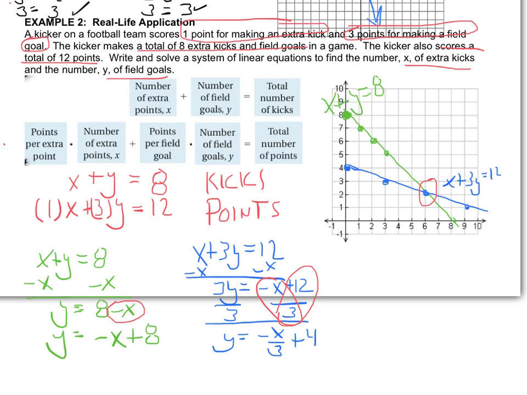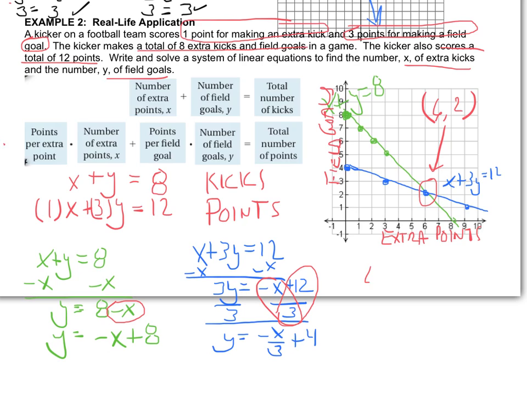With that in mind, we're going to take that information off. Our x's, we said, were the extra points, and remember, the y's are the field goals. So to answer my question, the intersection point is 6, 2.